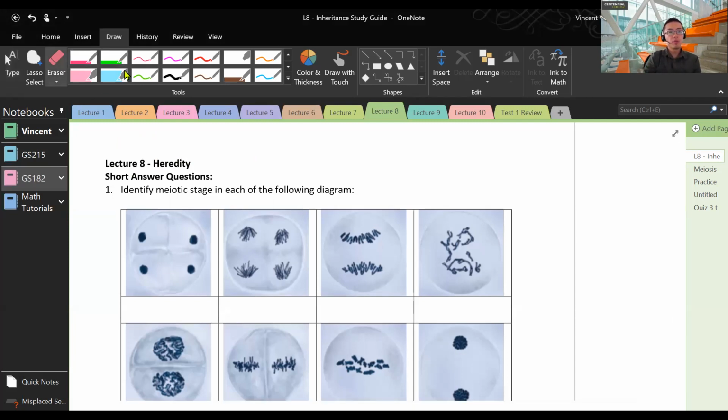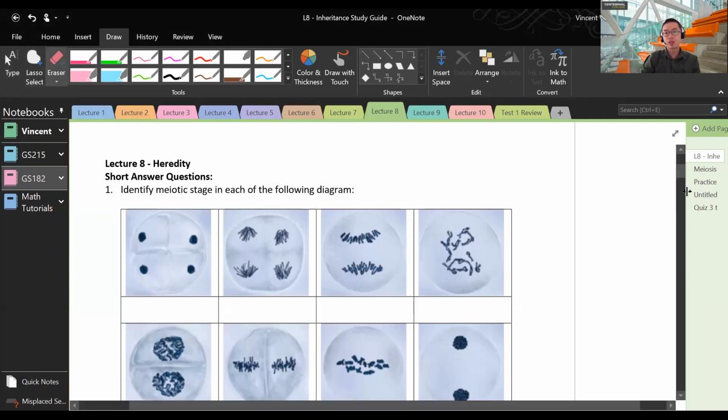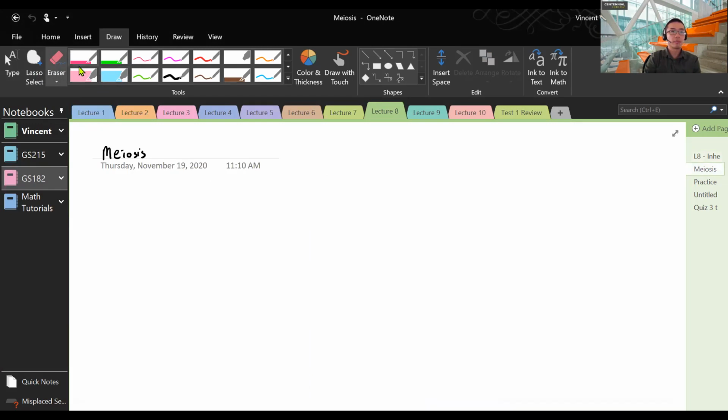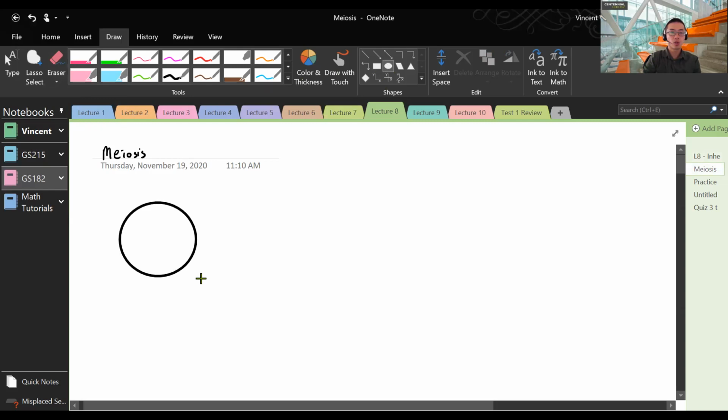Before we begin with this worksheet, let's quickly review some of the key things that occur in meiosis. We're going to start with a cell right here. I encourage you to draw this with me. We have a germ cell, which is basically something that will become a sperm or egg.